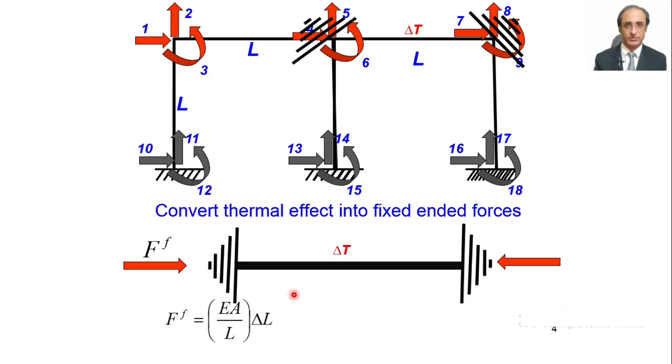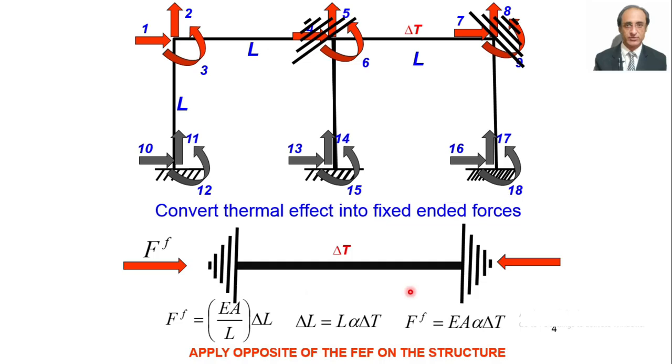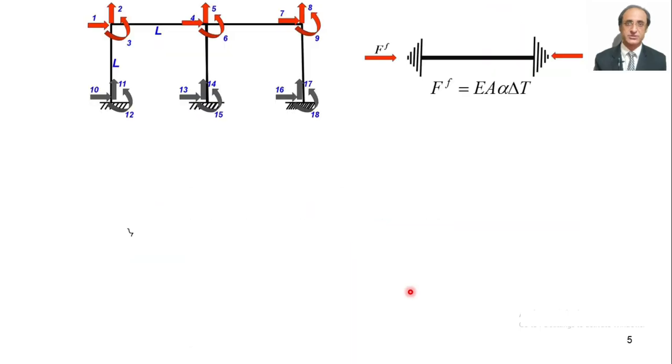We have already seen that delta L is L alpha delta T, so we get the fixed ended force as EA alpha delta T. Now we apply equal and opposite of these fixed ended forces on the actual structure.